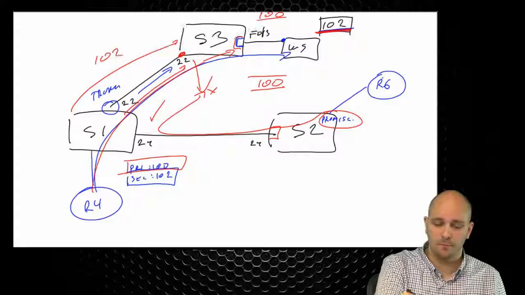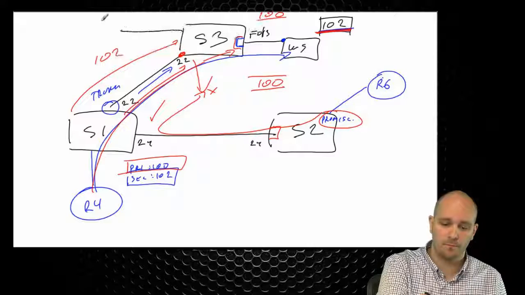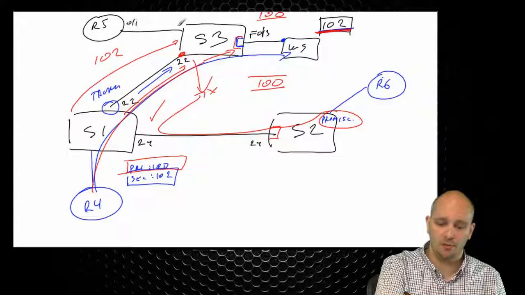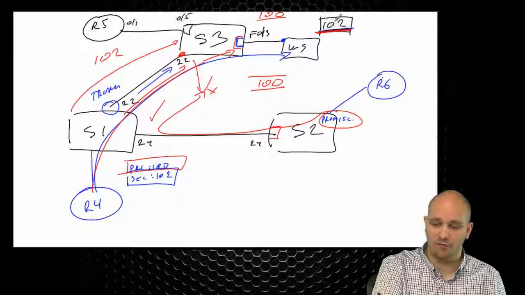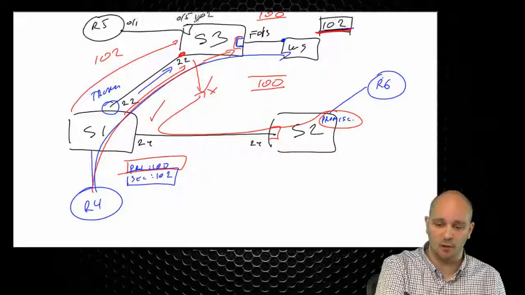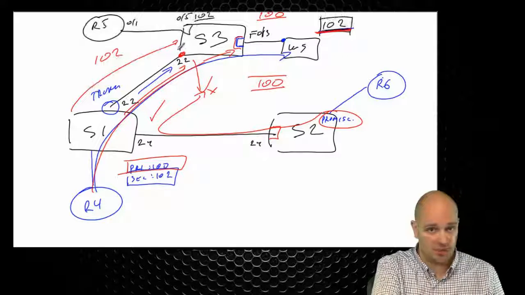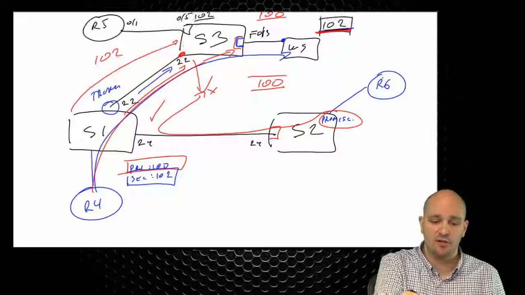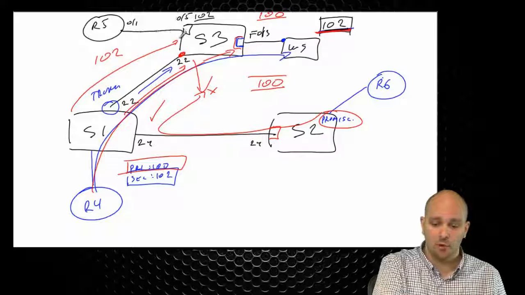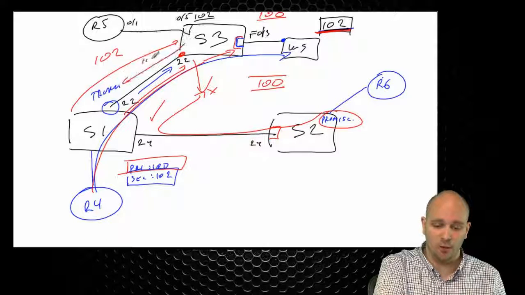It arrived to port, so this is R5, 01 here, port 05 here, which was again configured as an access port in VLAN 102. So as far as this switch is concerned, this is just regular VLAN traffic, and the response was tagged when sent back in VLAN 102.